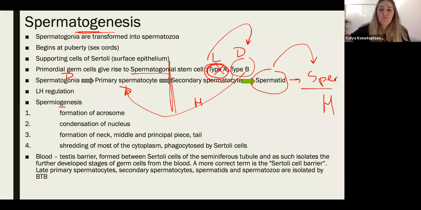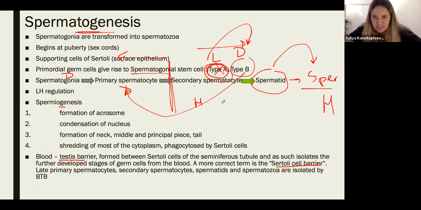There is something called the Sertoli cell barrier, or another name for it is the blood testis barrier. The blood testis barrier is there to separate diploid cells from haploid. So it is actually located between the primary and secondary spermatocyte. You can imagine it something like this.